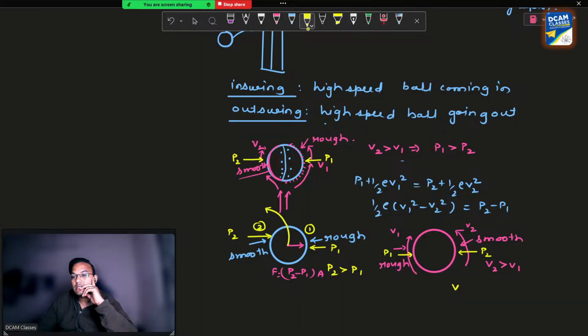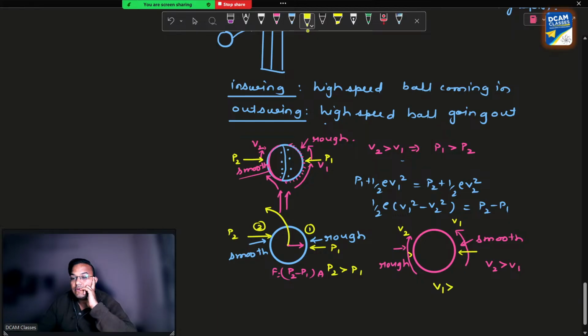And now the second case: this is rough, this is smooth, this is v2, this is v1.